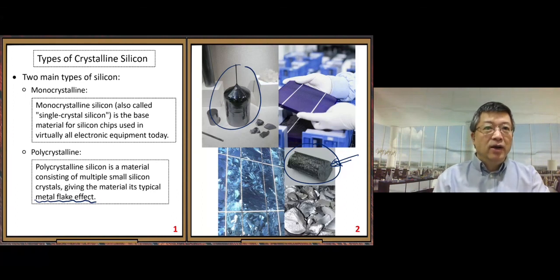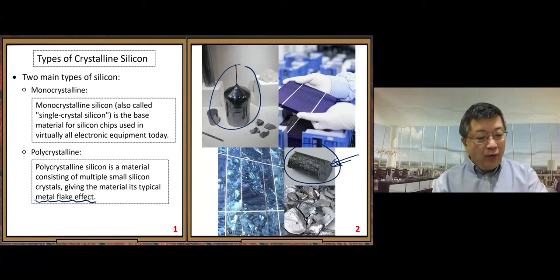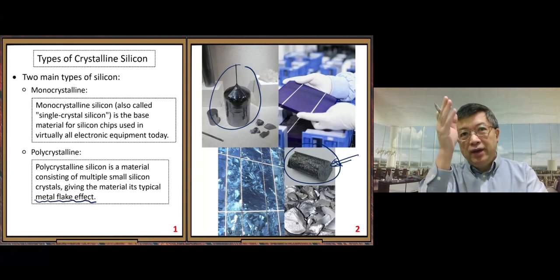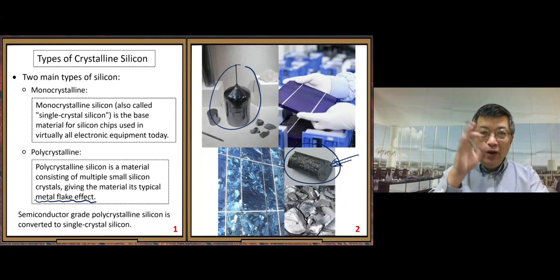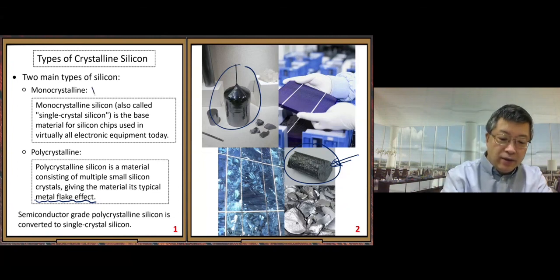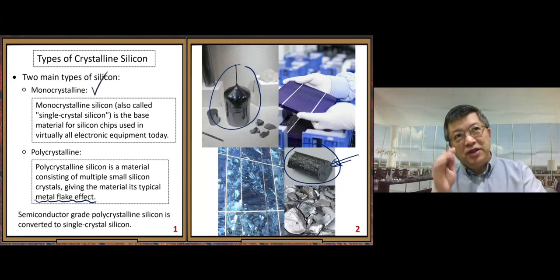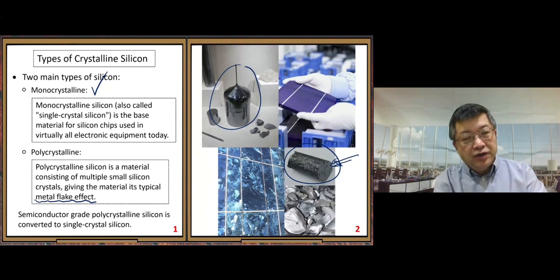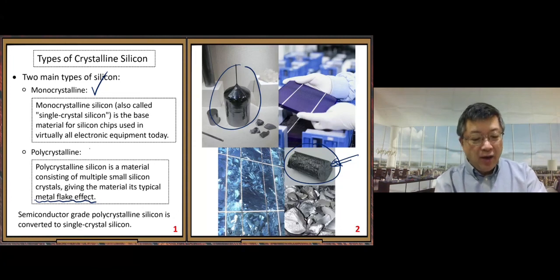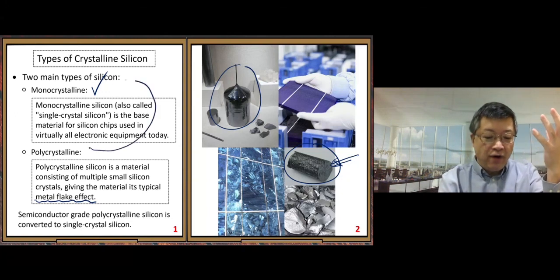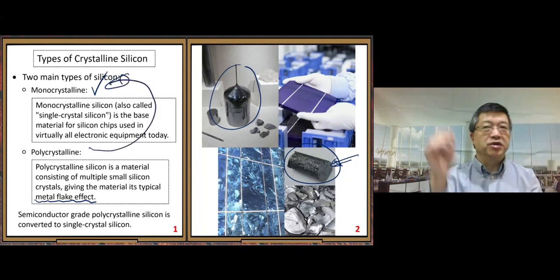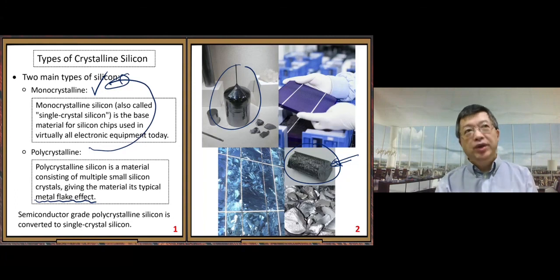All right. So now, when we make crystalline silicon, monocrystalline silicon is the better material. Polycrystalline is not as good as monocrystalline, but it can be converted to monocrystalline, so we do not waste it.